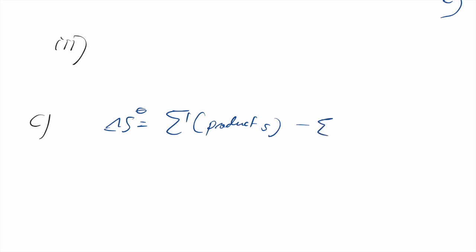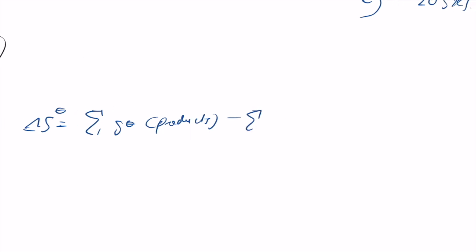Products. Okay. And we do know these values because they're listed in the table above.